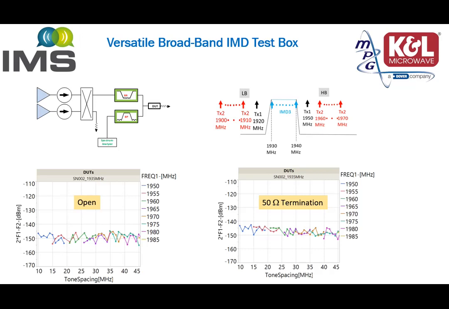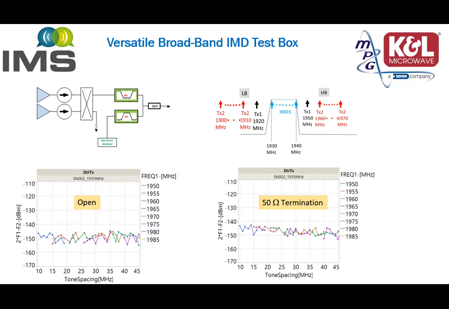In this example, we're looking at band 2 again, with a bandpass around 1930 to 1940 MHz, and a band reject around 1930 to 1940 MHz as well. This time, we have TX1 and TX2 on the low band and TX1 and TX2 on the high band.